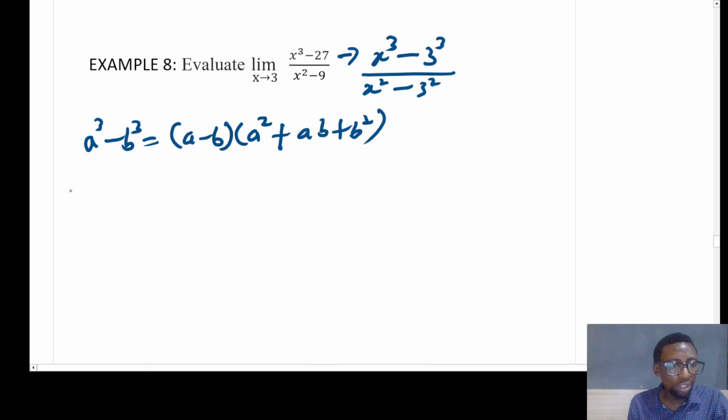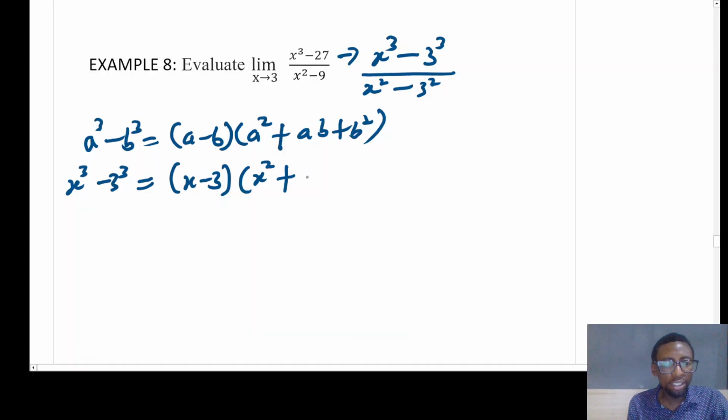So therefore x cubed minus 3 cubed we change to x minus 3, a squared, that's x squared, plus our a is x times b is 3, plus b squared, 3 squared.